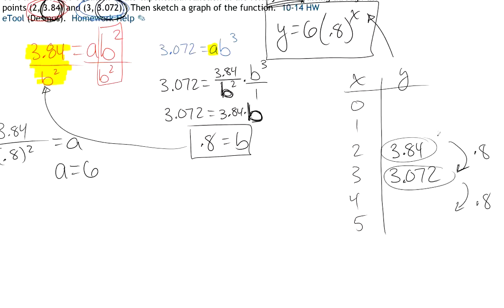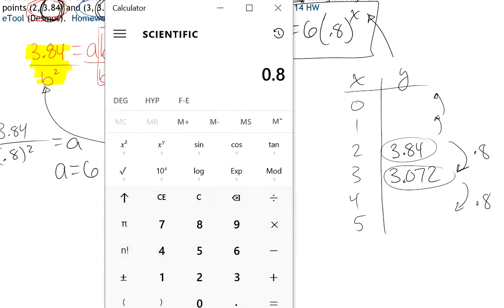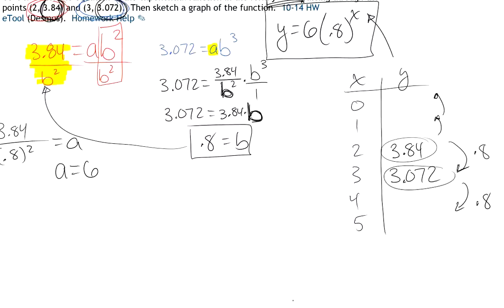Now, if I want to go backwards 2 steps to figure out what my 0th term is, all I need to do is divide by 0.8 twice. So I'll take 3.84 and divide that by 0.8. I get this number, and I'll divide that by 0.8 and I get the number 6. Fabulous. So I know that this is 6 and this has to be 4.8.